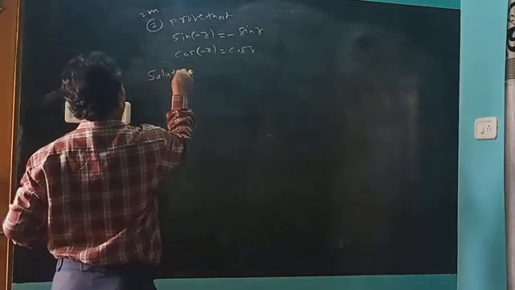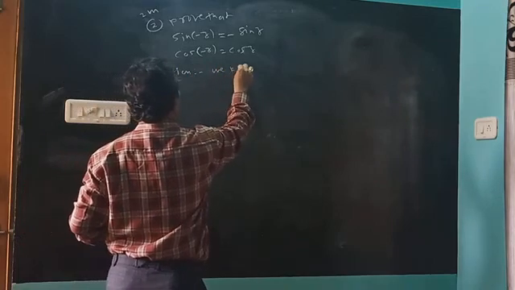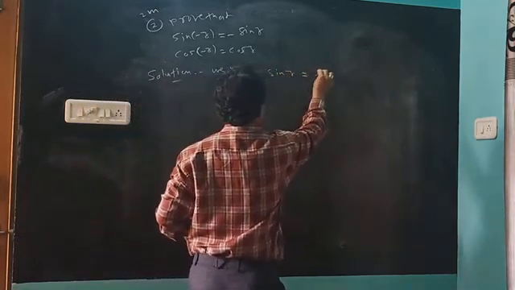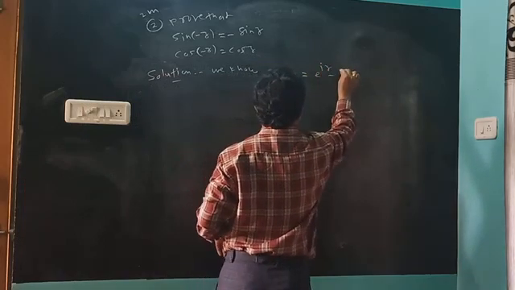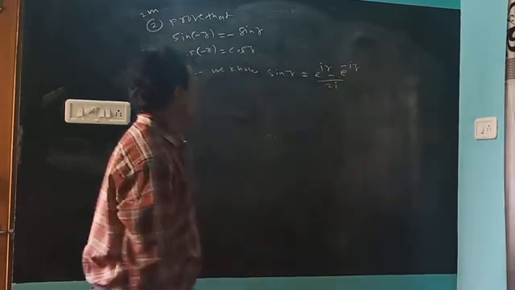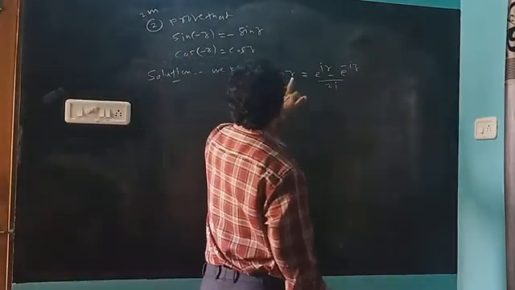Proof. So we know then sin of z is e raised to power iz minus e raised to power minus iz upon twice i by definition. I want now minus z in place of z.